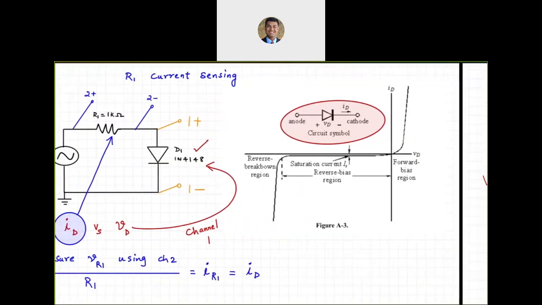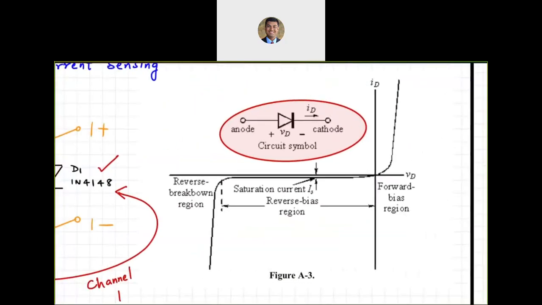If we do all of that correctly, we should see the IV characteristic shown over here. There are several regions, as you can see. The first region that we are going to talk about is the forward biased region.